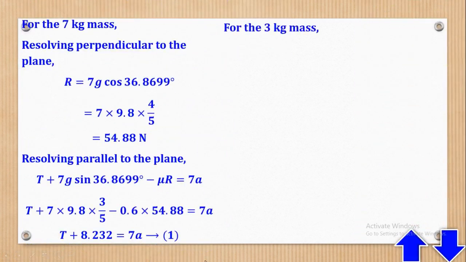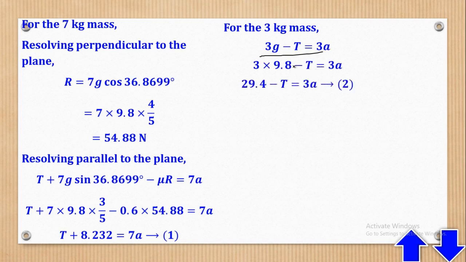I know g is 9.8, therefore I come up with an equation 2, which is 29.4 minus T equal to 3a. So I have two equations and two unknowns. Next is to solve them simultaneously.